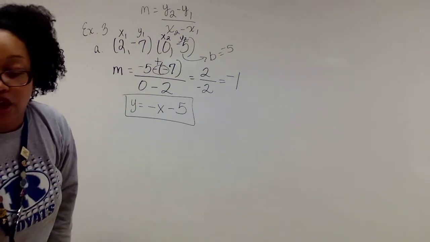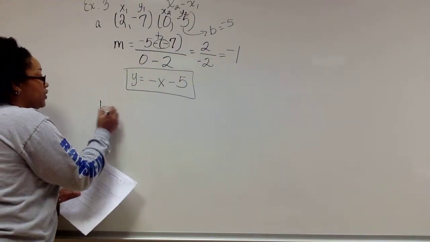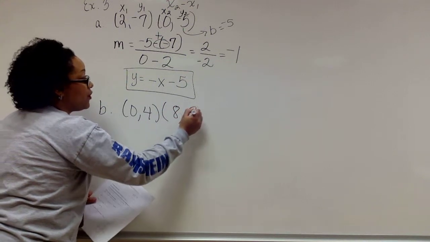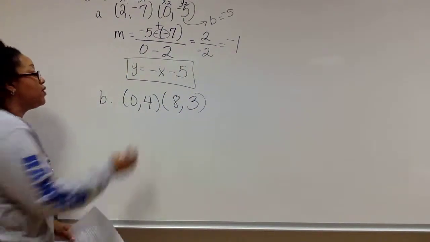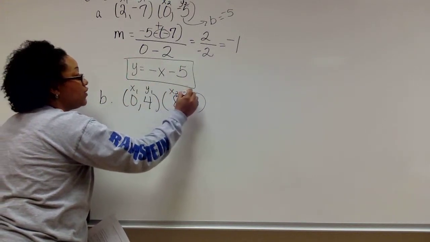Okay? Now let's try it again. For letter B, your points are (0, 4) and (8, 3). That's it. The first thing I'm going to do is label my points. x1, y1, x2, y2.